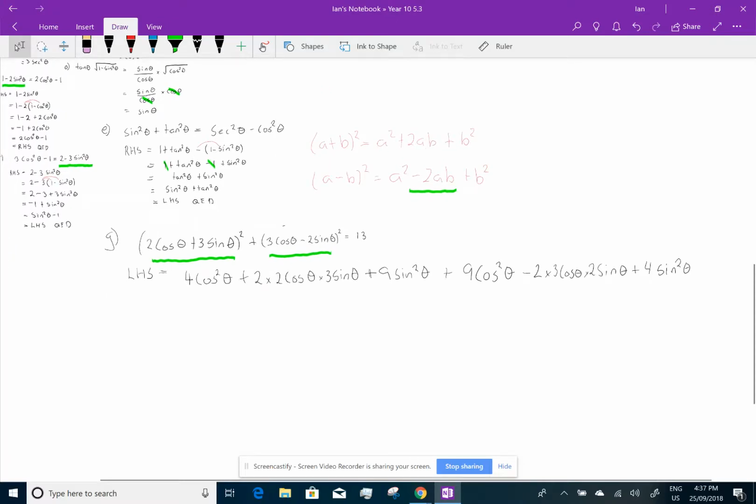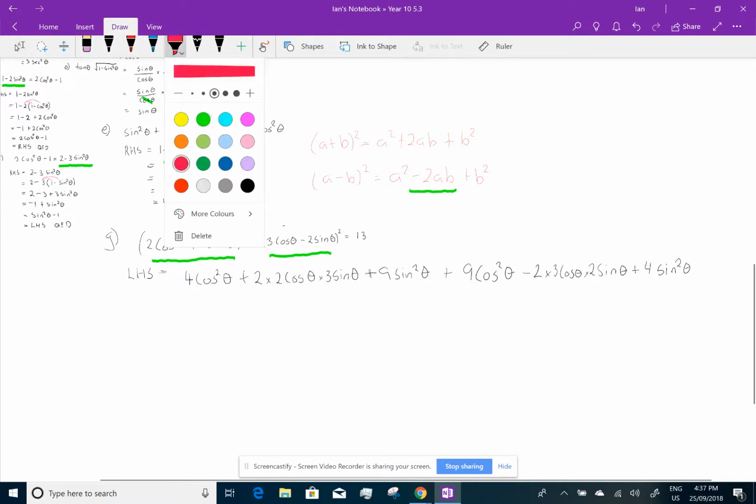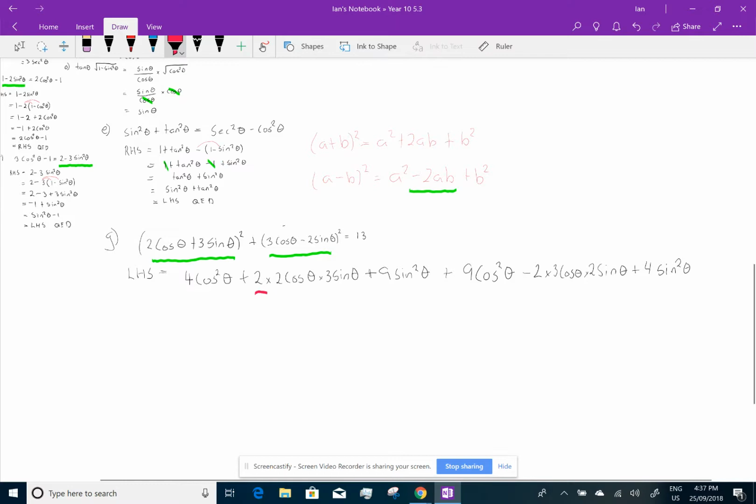Now, here I don't have to tidy up. Please look at it and realise that this and this are the same. You've got a 2, a 2 and a 3 all multiplied, and a cos and a sine multiplied, and one of them is plus and one of them is minus, so they cancel out. Now I'll tidy it up.